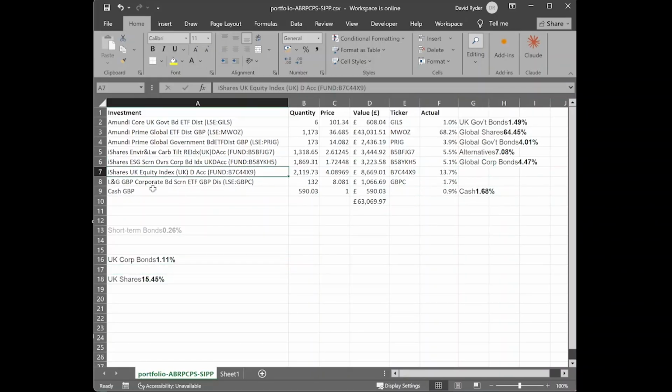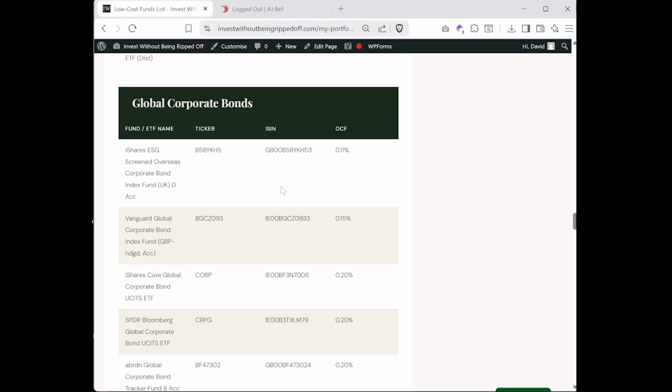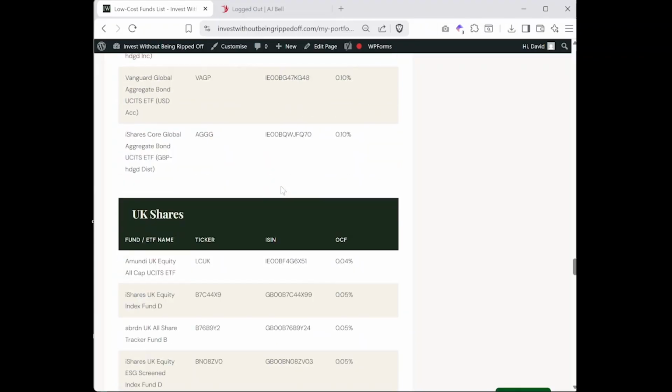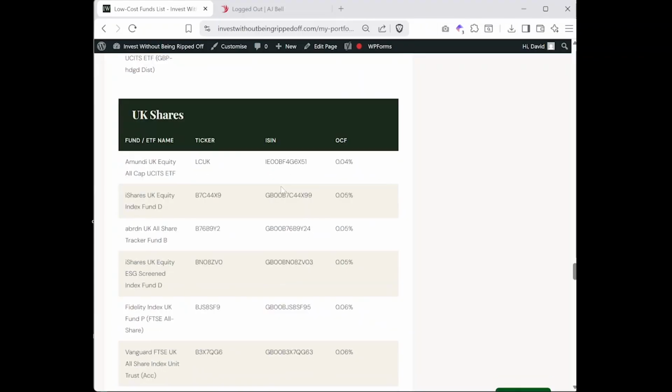And then we have this one, which is UK shares, UK equity. And just for the heck of it, to show you that it really is, we'll go over here, and it's B7C44X9, UK shares. B7C44X9, and that's it.